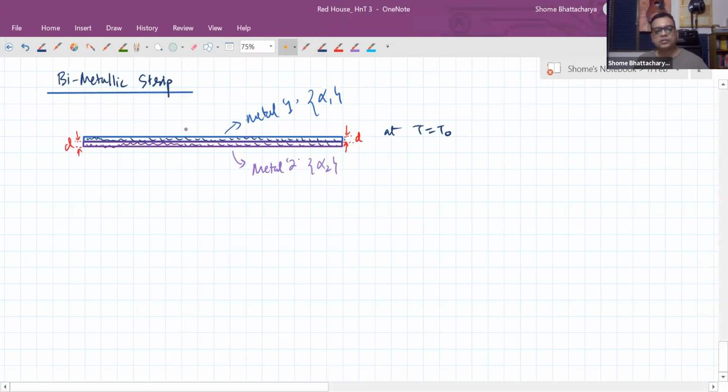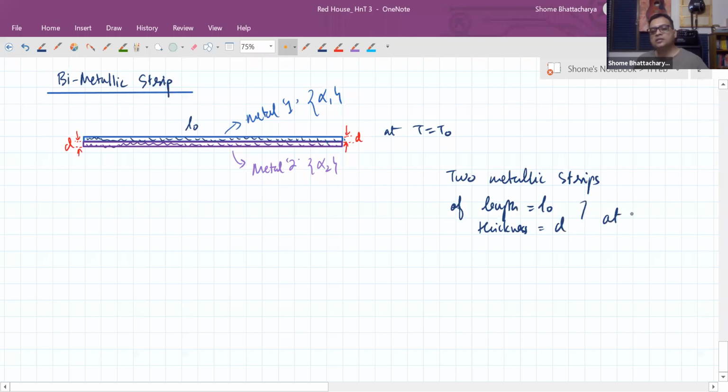So two metallic strips of length equal to L naught and thickness equal to D at temperature T equal to T naught are welded, or can even say riveted, together.